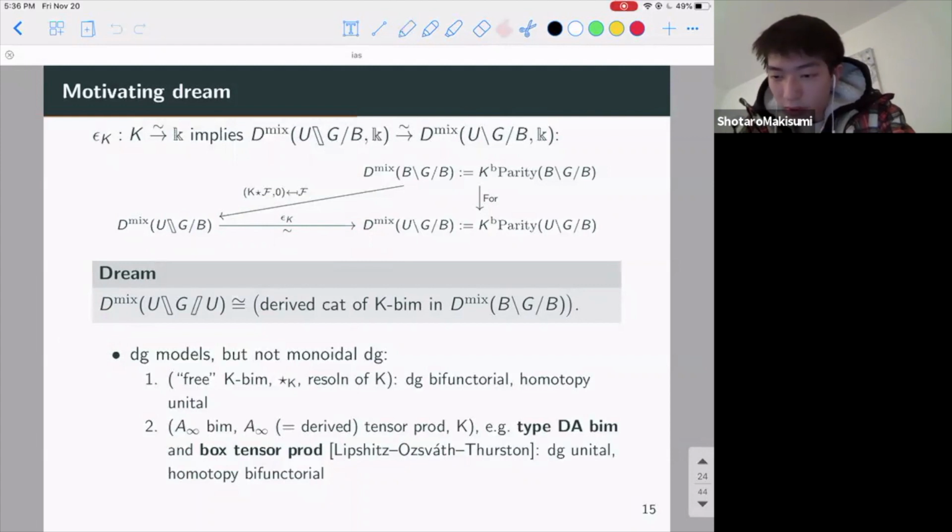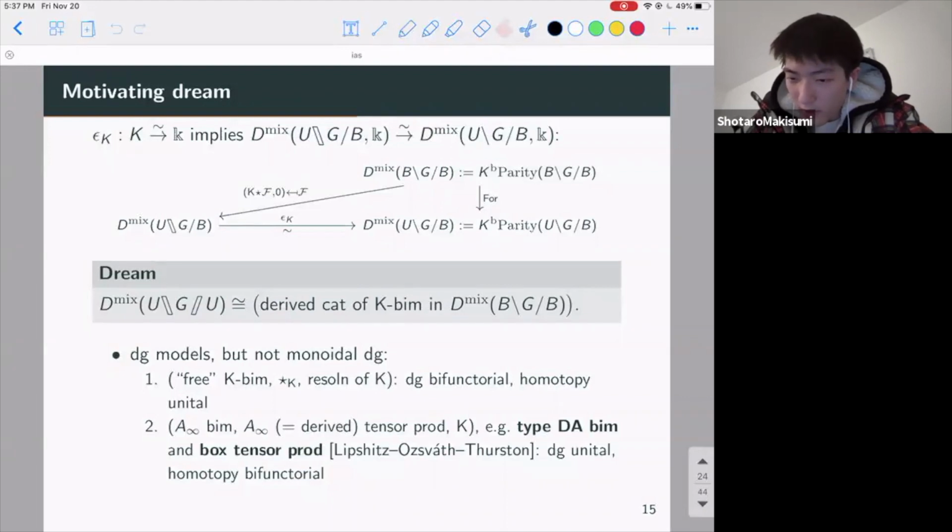So what turns out to be right is you can take some notion of derived category of K bimodules. And you can already see that there are going to be some difficulties with this definition. The derived category, again, is just an ordinary category, not a DG category, and you can give it several DG models. Now, the easiest one is the way you usually define derived categories, which is to resolve each object.